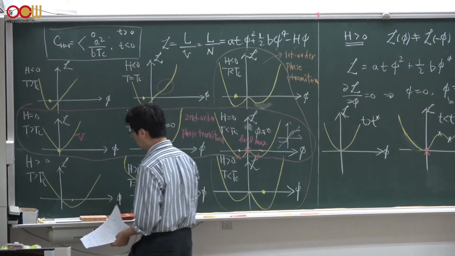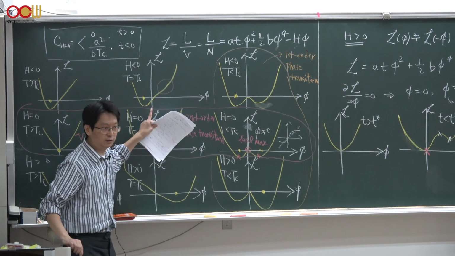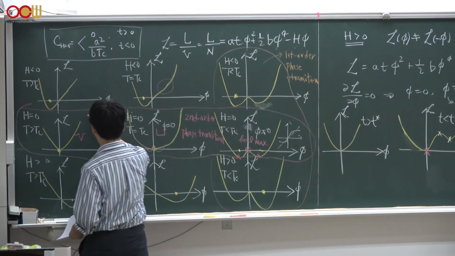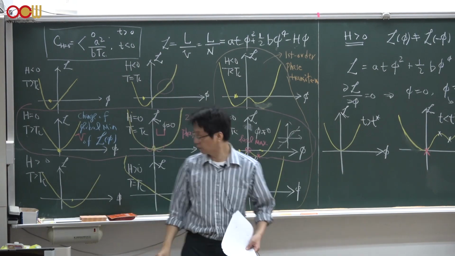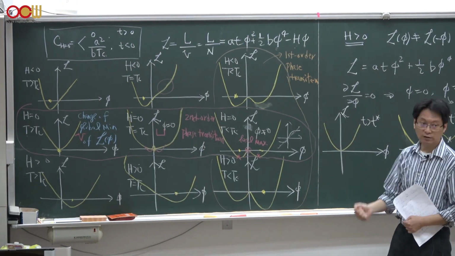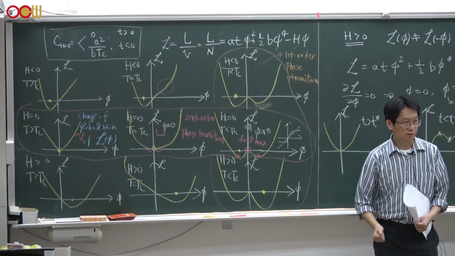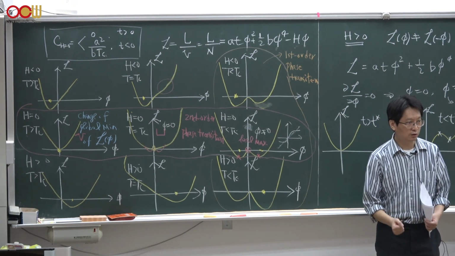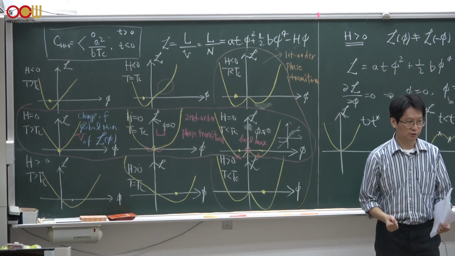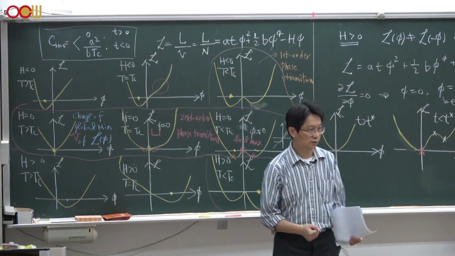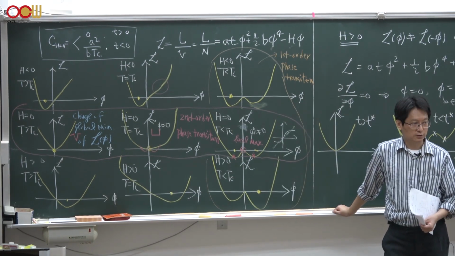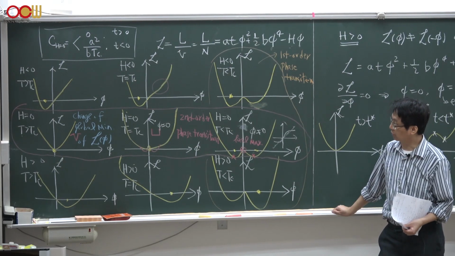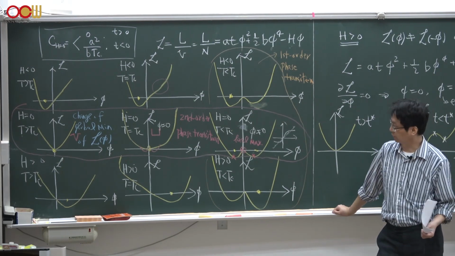How the phase transition occurs in terms of Landau's language: it is a change of global minima of the Landau's free energy density, and by analyzing the global minima of a Landau's free energy density, you know how the phase changes and where the phase transition occurs. Okay, so this is a very important key point in understanding how the phase transition occurs within the Landau formalism.